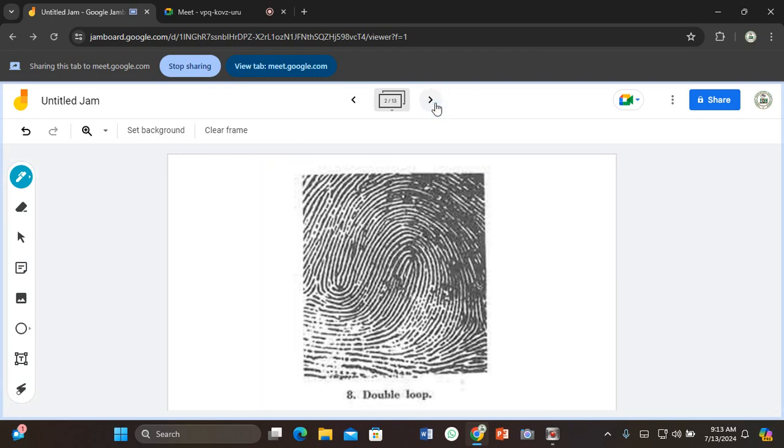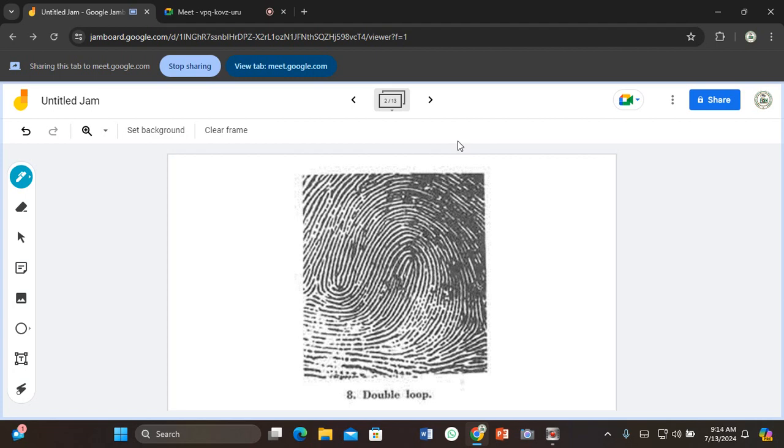The next one we'll be discussing is the double loop. The double loop under this subdivision has two loops, that's why we call it a double loop.